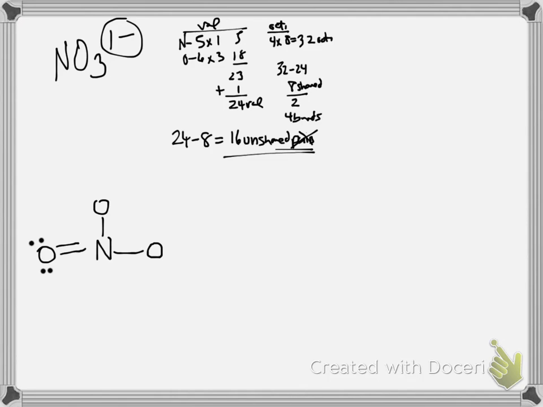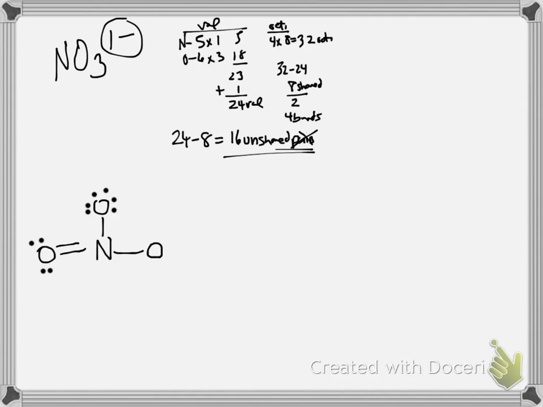Is the nitrogen in the center satisfied from an octet perspective? Yes. 2, 4, 6, 8. It's got 8. It feels surrounded by 8 electrons. That oxygen at the top, how many pairs would it need to feel satisfied from an octet perspective? 3. My top pair looks a little bit funky, but it is a pair, I swear.